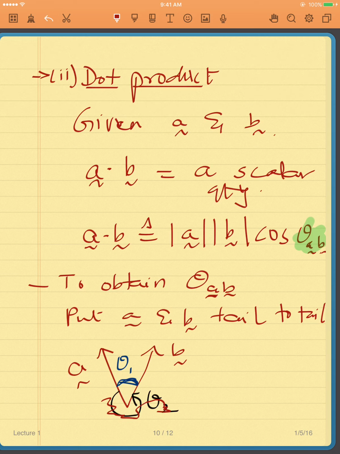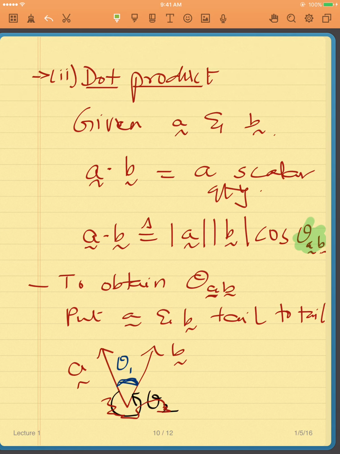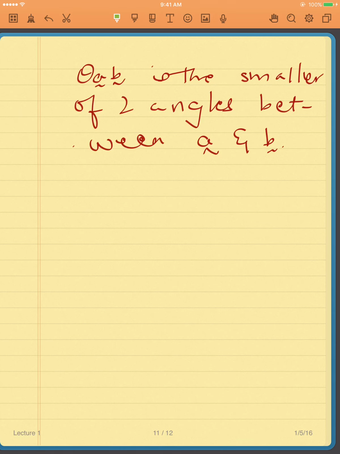We always choose theta 1. So we'll put a green tick against it, just to be clear, right? Okay, so theta 1, the smaller of the two angles, is the one that we choose.